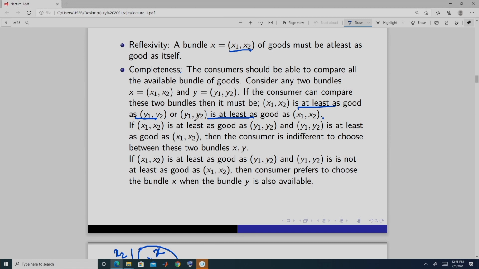Now, suppose we are given any bundle x and another bundle y, and if x is at least as good as y and y is at least as good as x, then we say that we are indifferent between these two bundles.